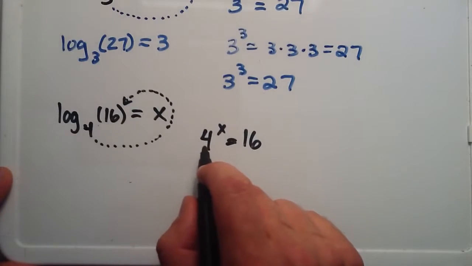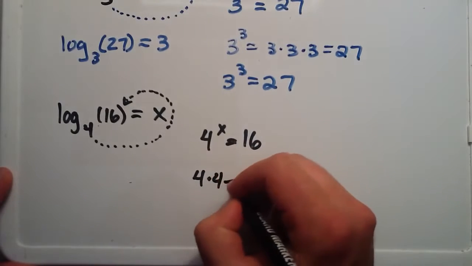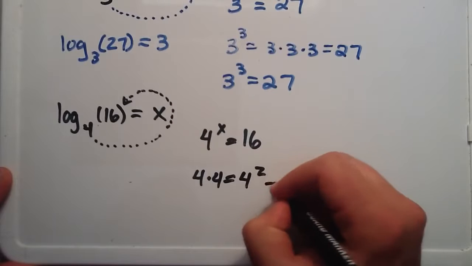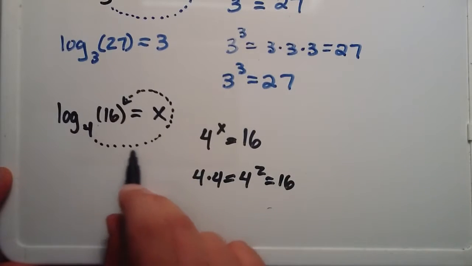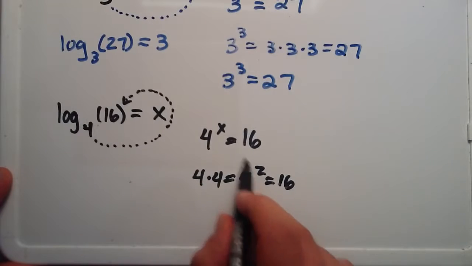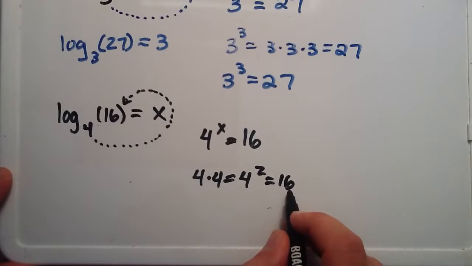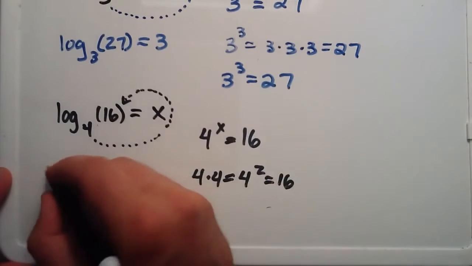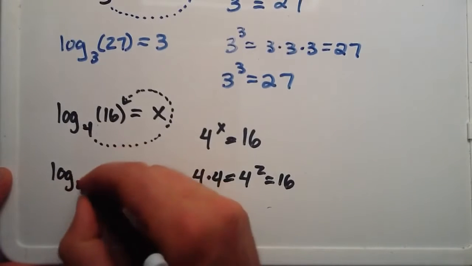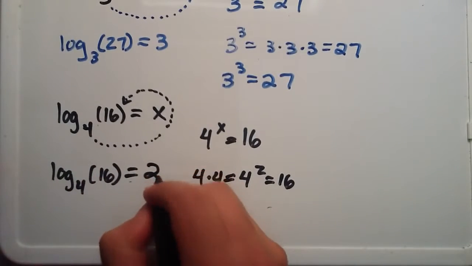So you had to multiply 4 by itself 2 times. 4 times 4 equals 4 squared equals 16. So 4 raised to the x power, which would be 2 in this case, equals 16, following the scorpion tail. So in this case, log base 4 of 16 equals 2.